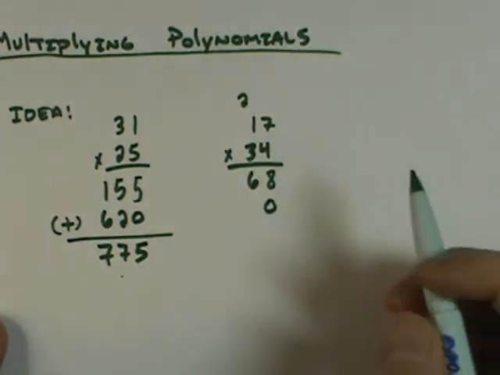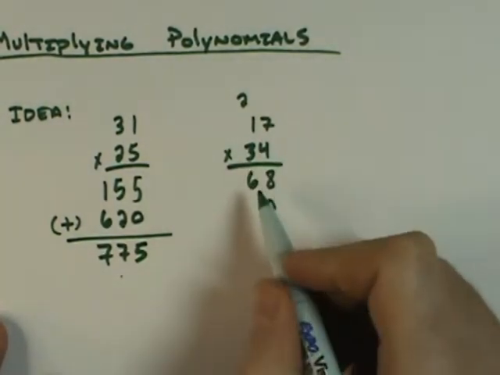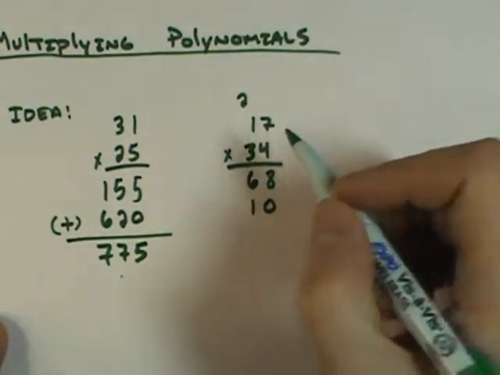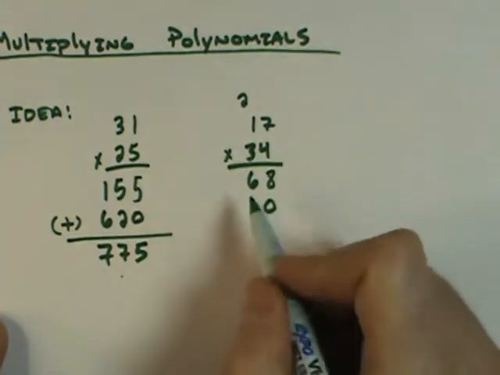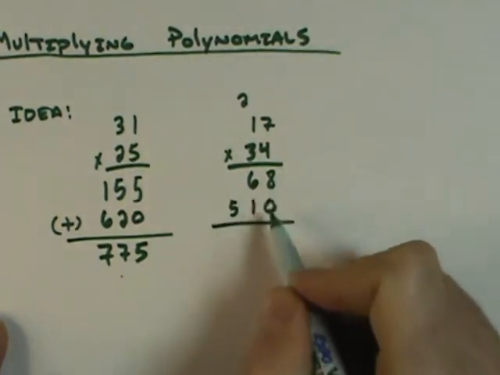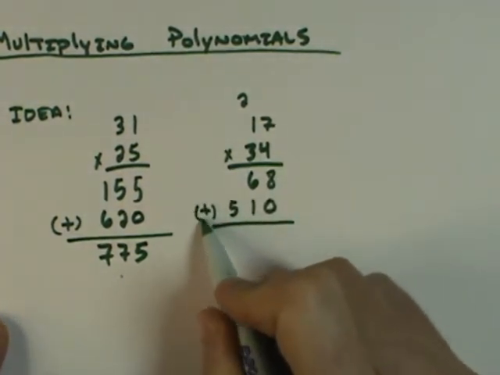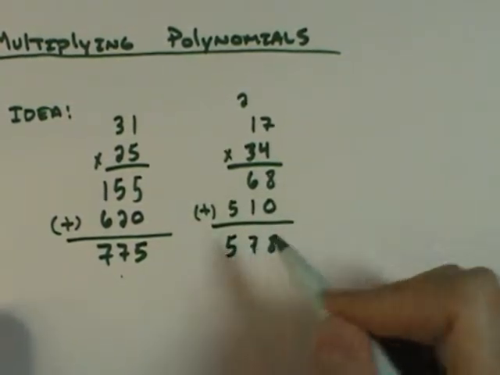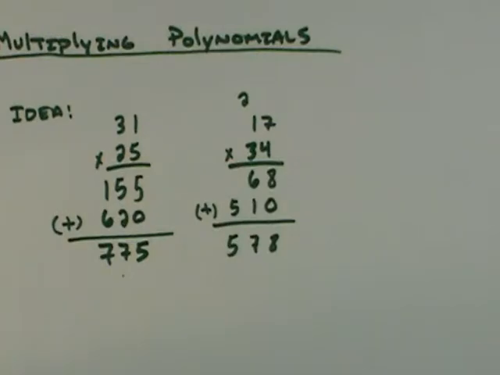Everything gets shifted over. So 3 times 7 is 21. Carry a 2. 3 times 1 is 3. 3 plus 2 is 5. And so we add these up. This becomes 8, 7, 5. And so you get the gist. You all know how to multiply two-digit numbers.